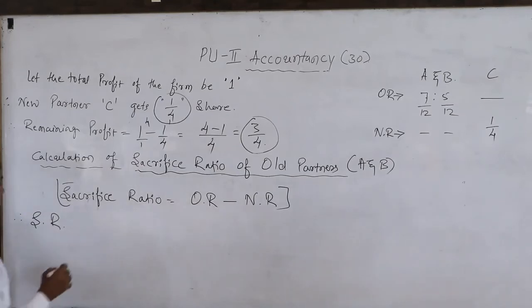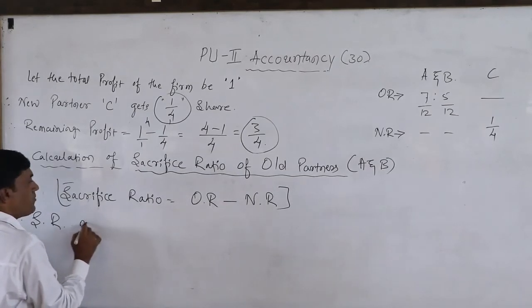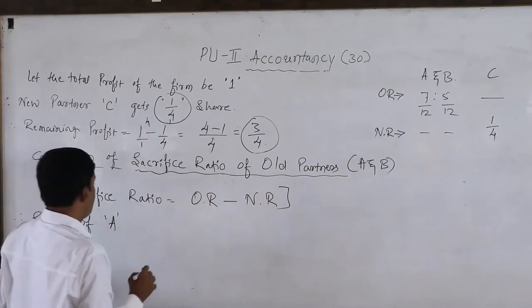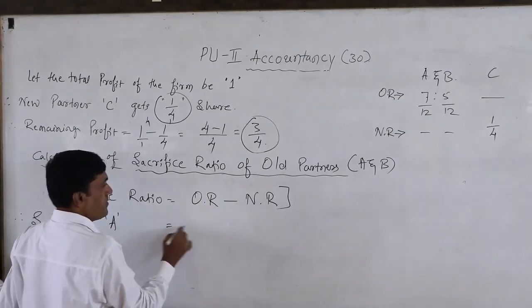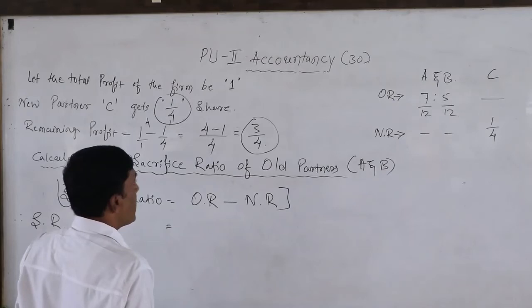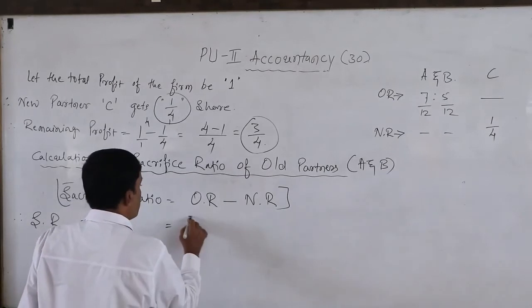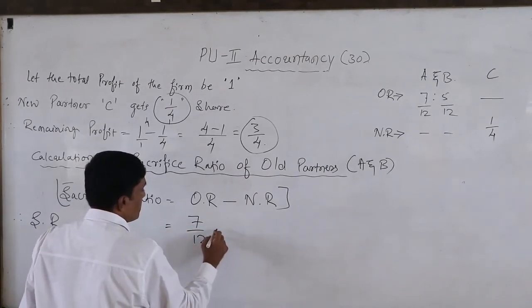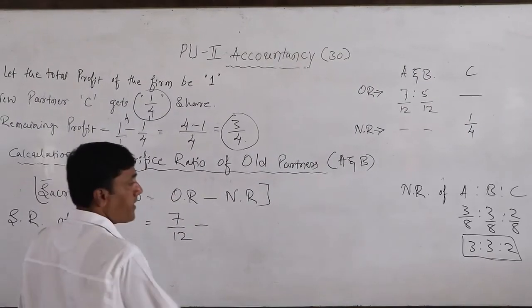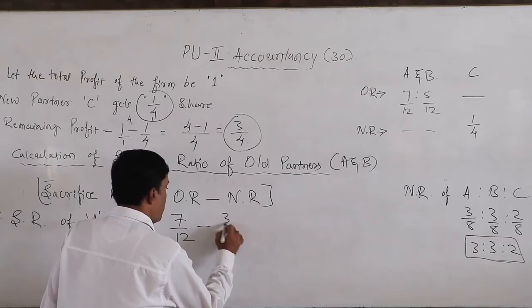The first old partner is A. Sacrifice ratio of A. What is the old ratio? Old ratio of A is 7 by 12 minus, we need the new ratio of A, that is 3 by 8.